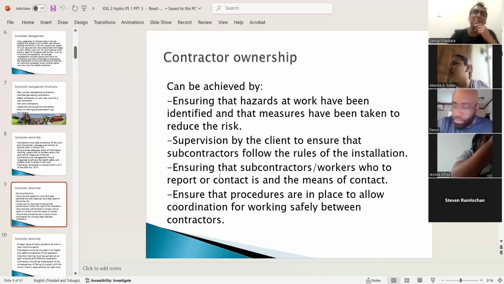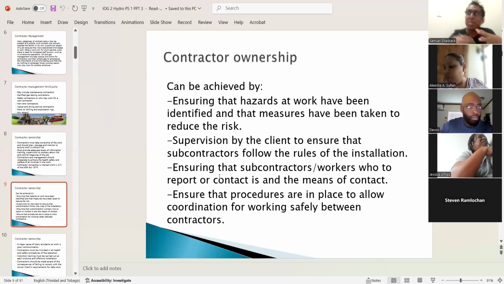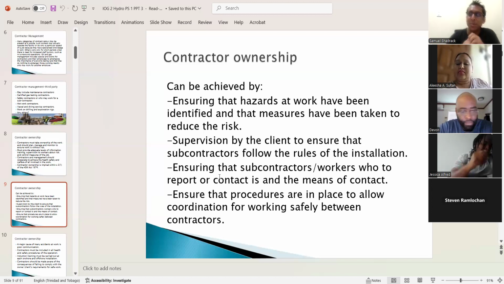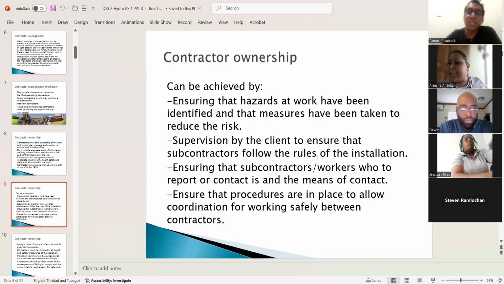But to be honest, I actually don't know the name of the subcontractor. That's my fault, but that's because I'm busy. I normally deal with the main contractor, anything I want done. I liaise with the main contractor. Maybe this week I'll try to get that done. But it's the client's supervision anyway, to ensure that subcontractors follow the rules of the installation.